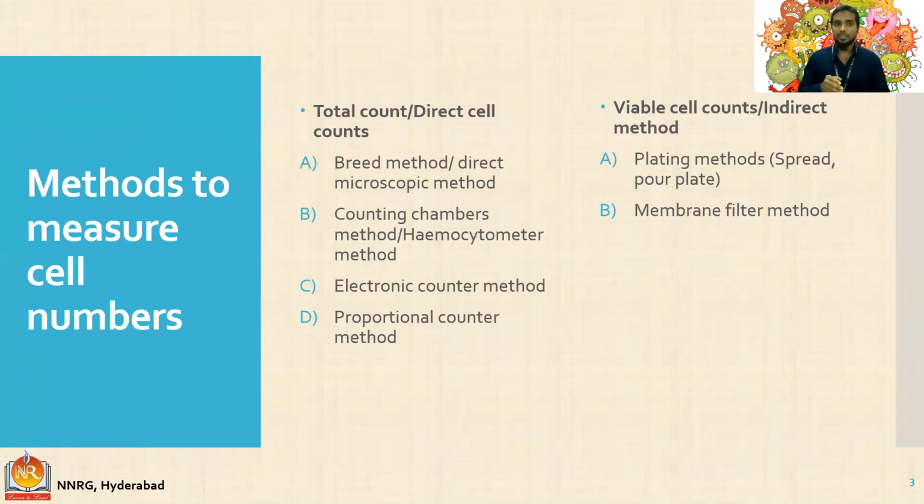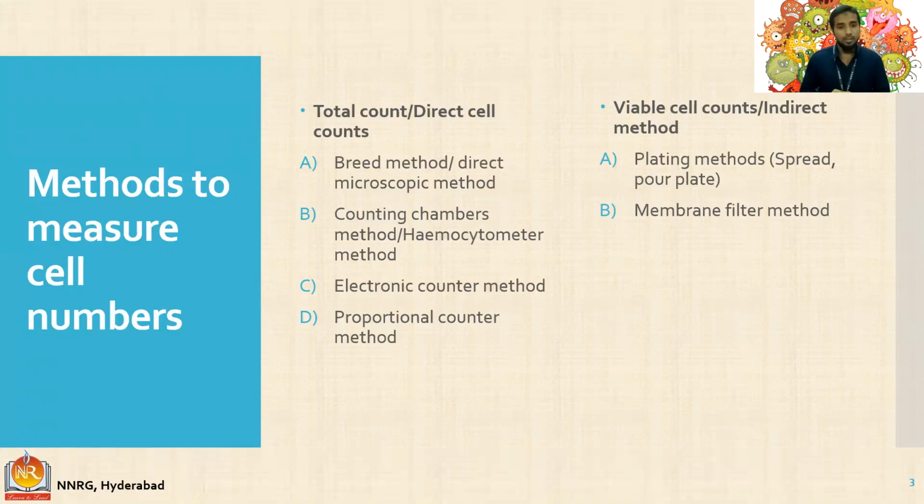This is similar to the isolation of pure cultures, so I won't be dealing with the viable cell count because it is similar to the previous one. That is spread plate and pour plate method. And membrane filter will come under the total count or direct cell count method.